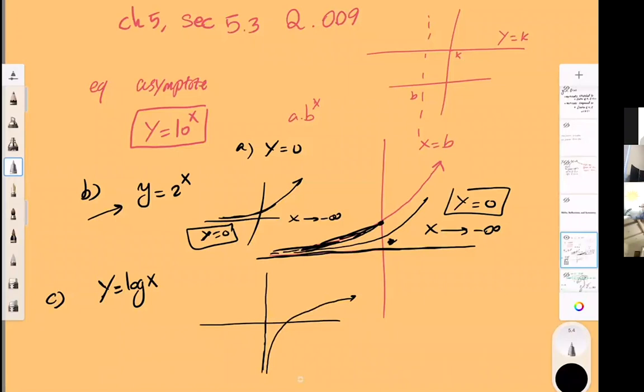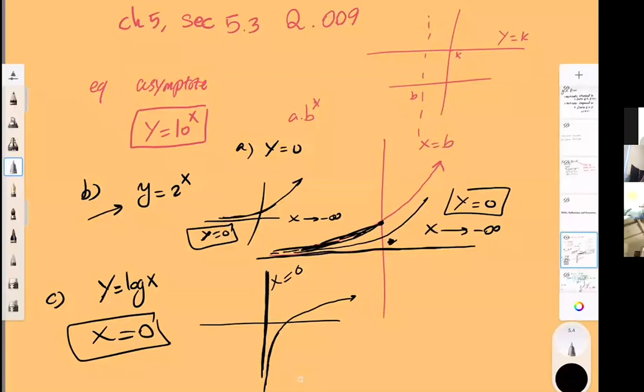Here you see we don't have any horizontal asymptote, but we have a vertical asymptote. This will be the vertical asymptote, which is x equal to 0. This line is x equal to 0. All right, this was 5.3 question 9.